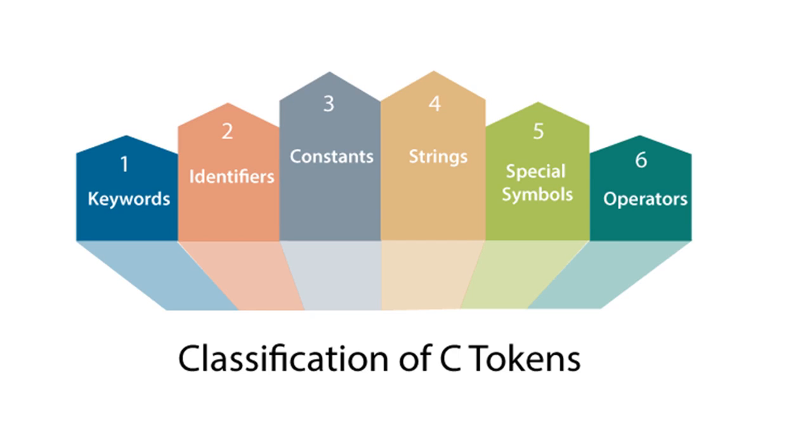Using these keywords, it means that we can say a C program is a collection of keywords, identifiers, constants, strings, special symbols, and operators.